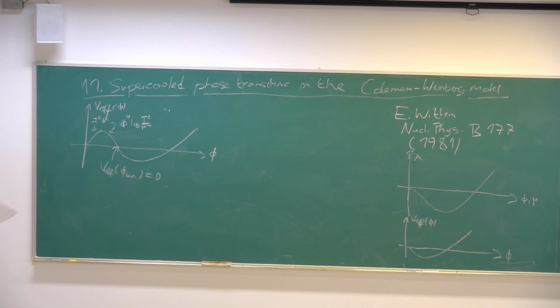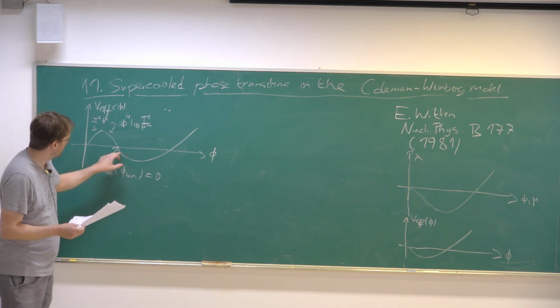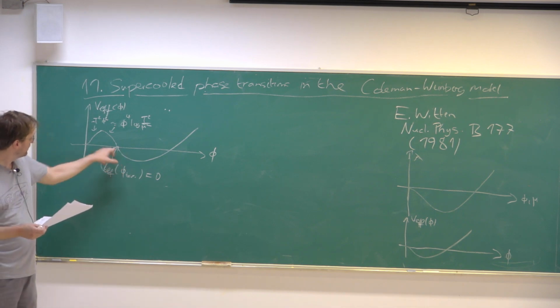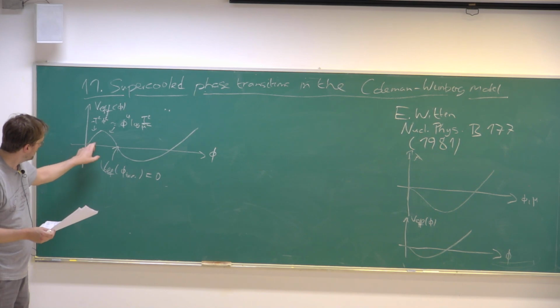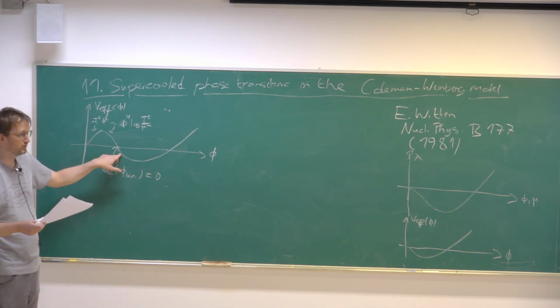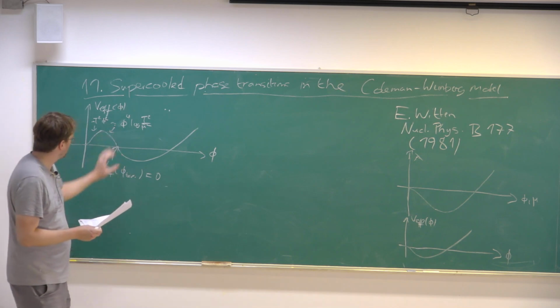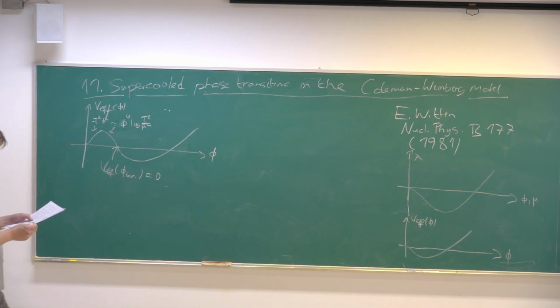Essentially you have to ensure that the release point at which you tunnel is still in the regime where the approximation is good.